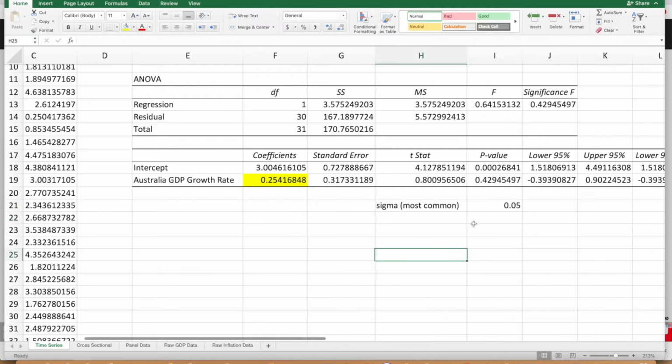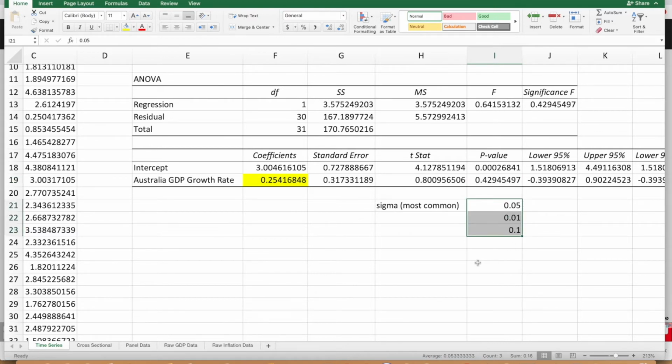That's kind of the standard that people use. Our p-value is much larger than that. The other two common ones are 0.01, and clearly we're larger than that, and 0.1. So 5%, 1%, and 10%. Our p-value is much larger than any of those common levels of significance.